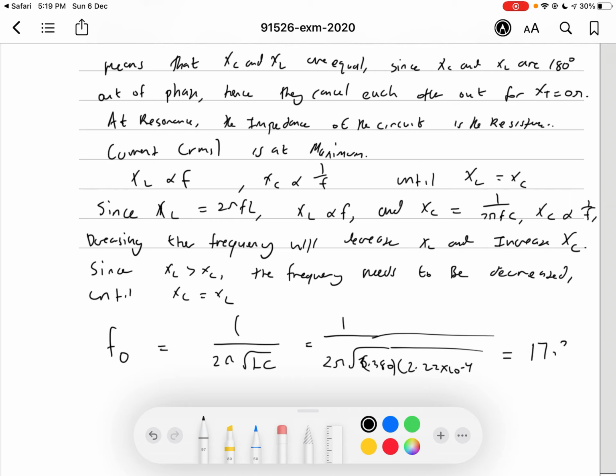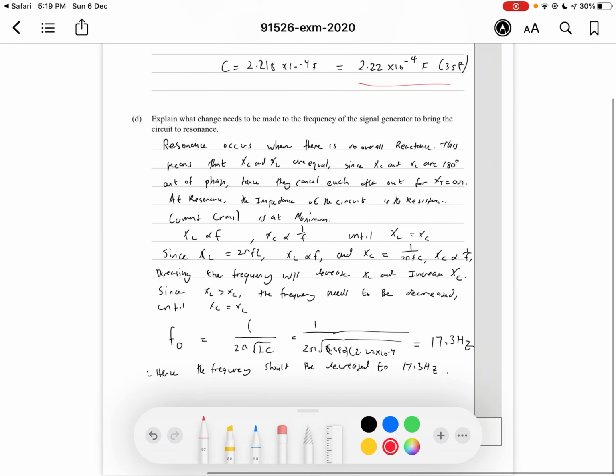So this gives us an answer of 17.3 Hertz. So you can say that hence the frequency should be decreased to 17.3 Hertz.